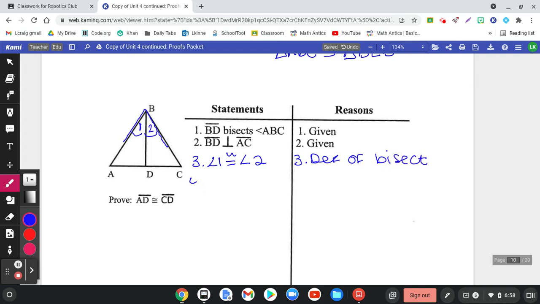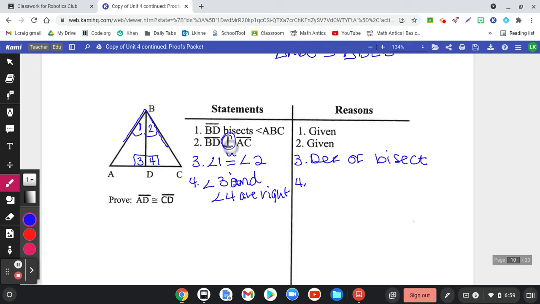All right. Next, we have BD is perpendicular to AC. So that means that this angle and this angle are right. So I'm going to call those 3 and 4. Angle 3, we have to say they're right first. So angle 3 and angle 4 are right. We don't want to skip any steps.